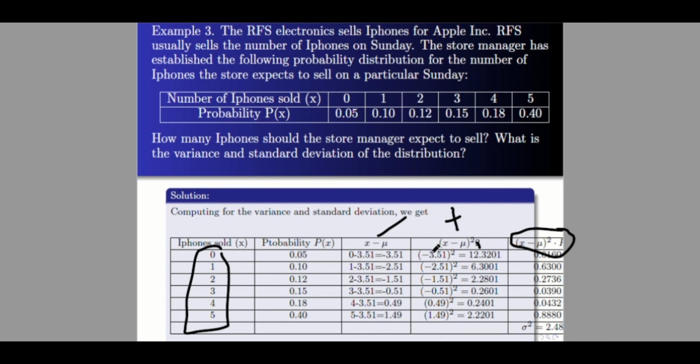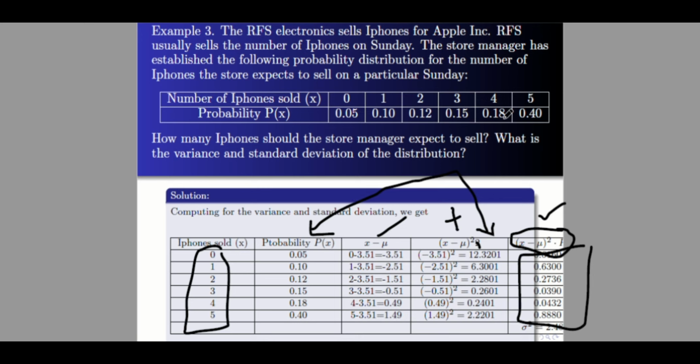Always take the square, so it's always positive. After this, you multiply these two, the result of this one and this one. So that is for this column. Afterwards, you add all of this, and the answer is 2.48. So the variance is 2.48. So it's very small.